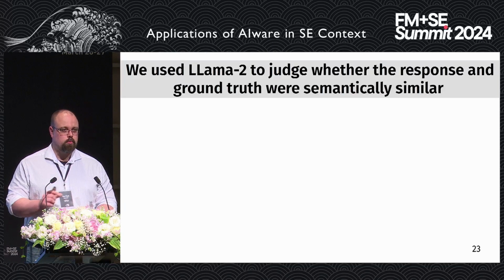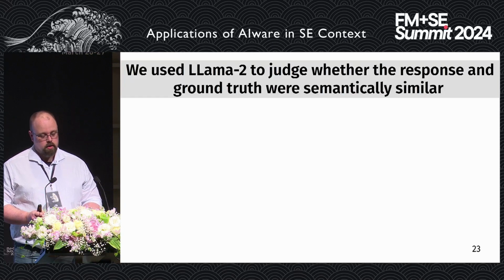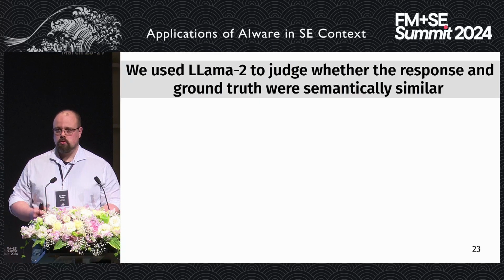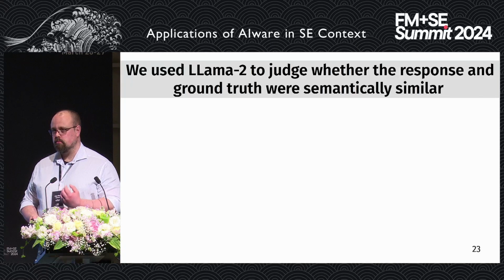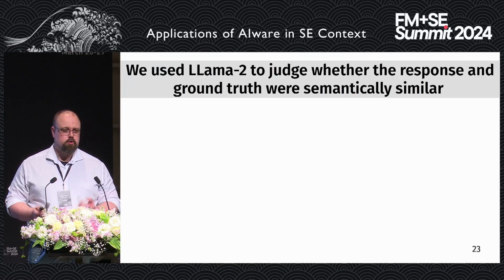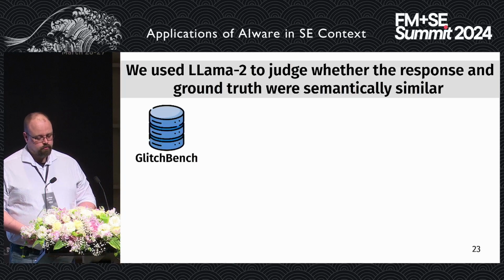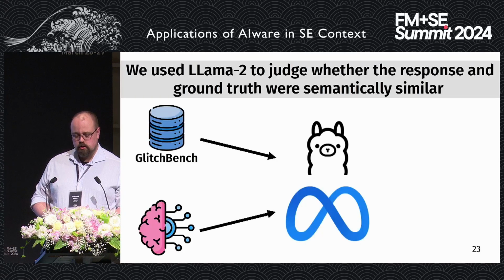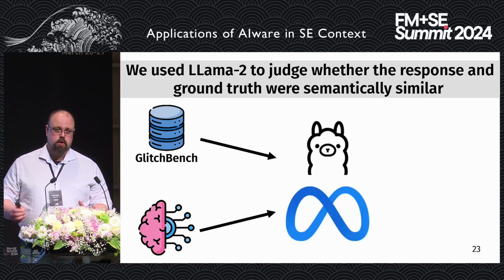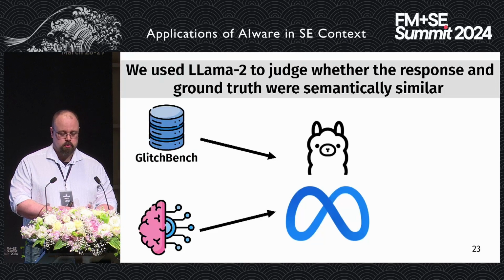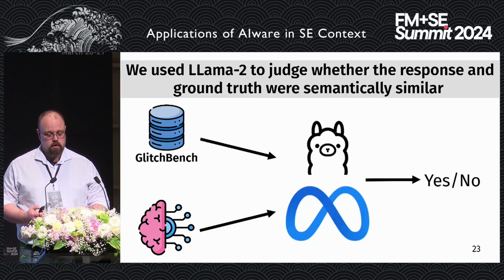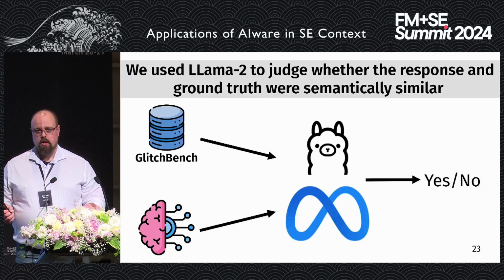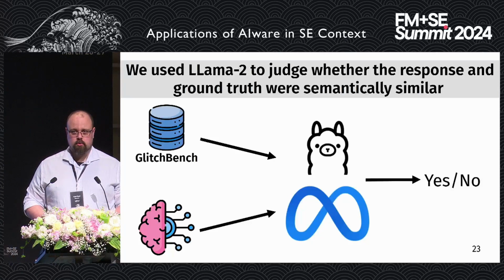So it's actually quite tricky to compare these two, and we didn't want to do this by hand. But you can use a model as a judge to basically ask whether 2 texts are semantically the same. And modern models are really good at this because it's just simple text analysis, right? So we got all the responses from the foundation models, and then we took that together with the ground truth for the images, and we fed that into the Llama model, and the Llama model would just tell us, yes, this is similar, or no, this is not similar. And that's basically how we computed the accuracy, okay?